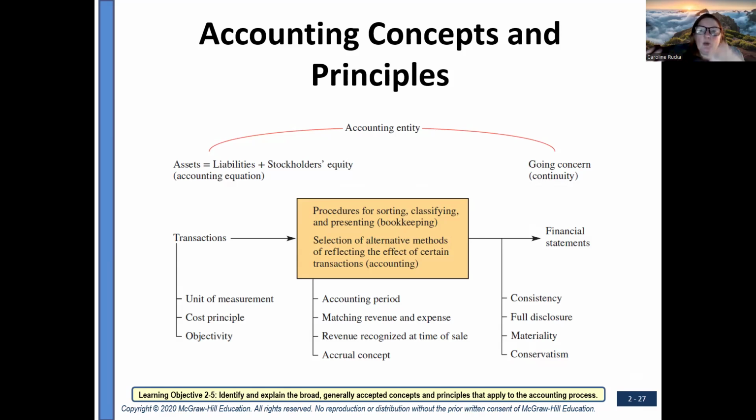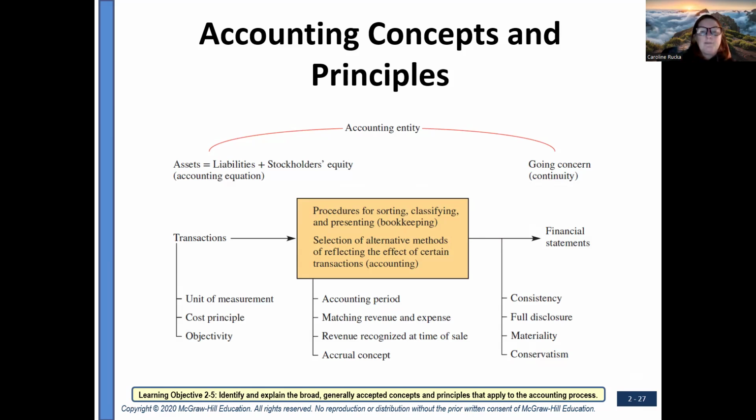That means that it will continue on in business after the current period financial statements. Also, remember that we present all of our information on the balance sheets in currency. Because we're using US GAAP, we present them in US dollars.